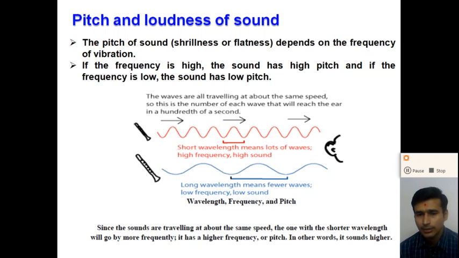And in other words, a sound wave with a long wavelength or low frequency has a lower pitch, right? We can say that the sound is a low sound, right?